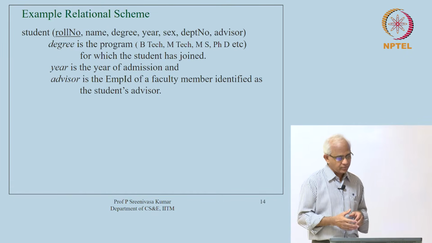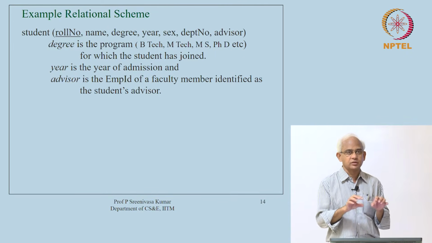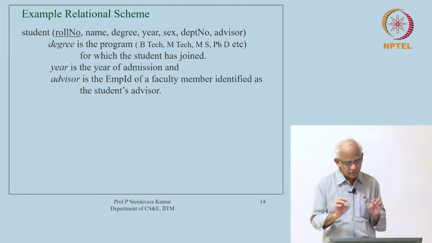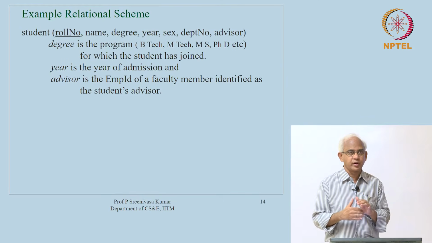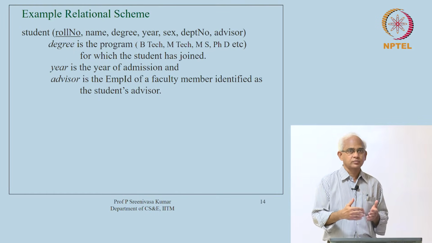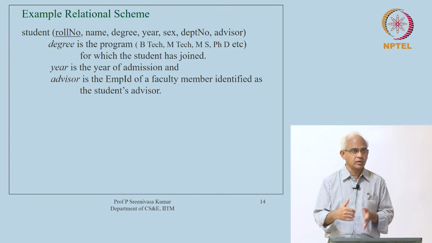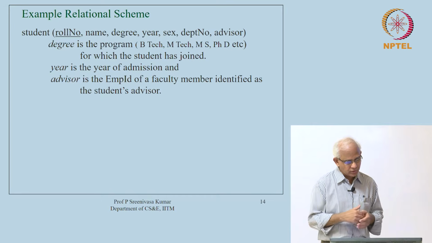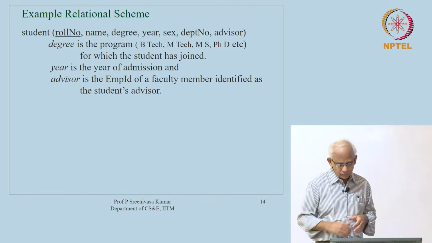I suggest that you write down just the relation and names of the attributes separately on a sheet of paper, so that it is accessible to you when we are discussing queries and SQL and things like that. Okay. So, let us go ahead with this.